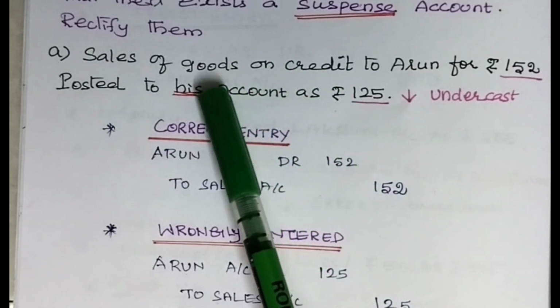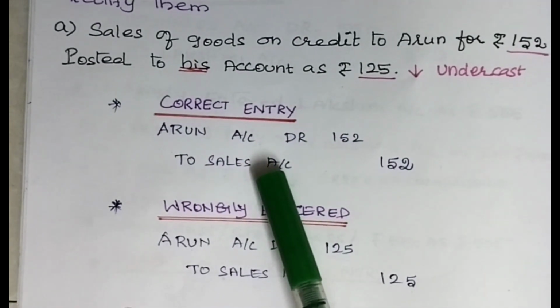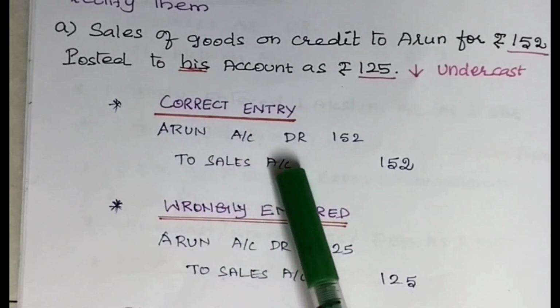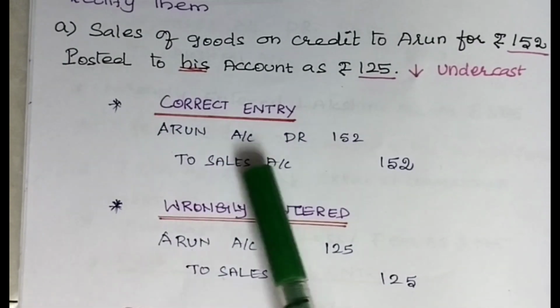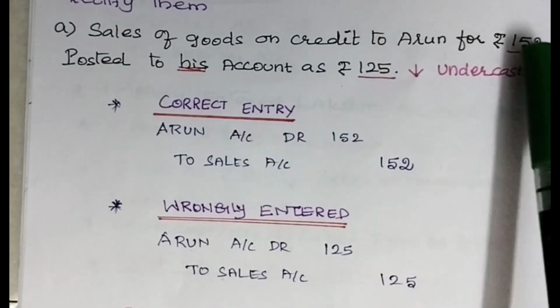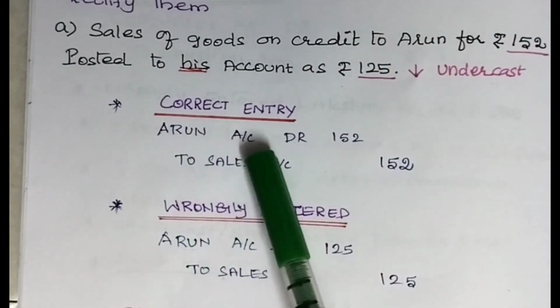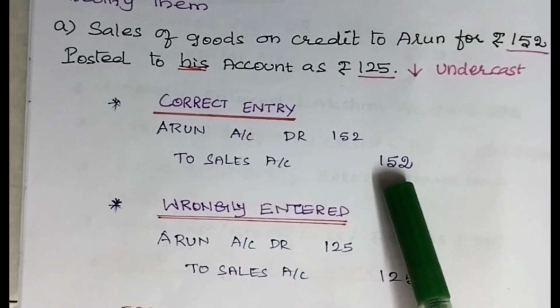Revenue comes into your business. So the revenue account increases, and you credit the revenue account, which means you credit the sales account. So the journal entry is Arun account debtor 152 rupees to sales account 152 rupees.